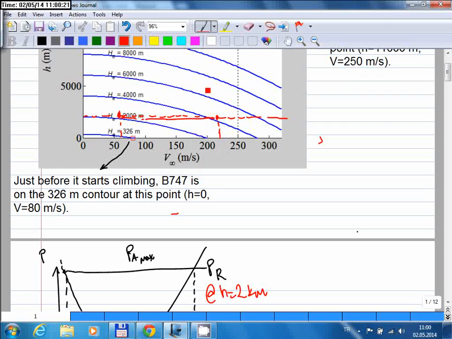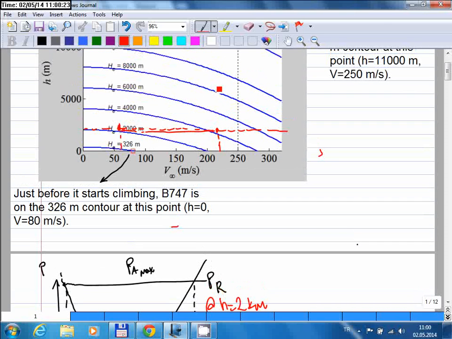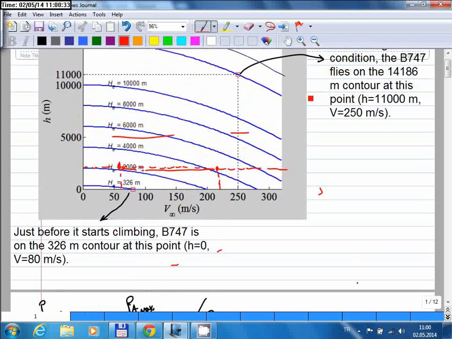If you find this valid speed range for different altitudes, you will find something like this. For example, you do the same for 5,000 meters, and then for a number of different altitude levels, and finally you will get an area that shows the valid flying speeds. I'm just making it up right now.